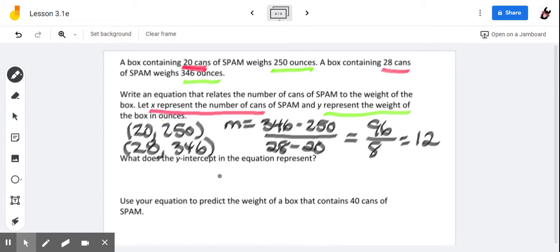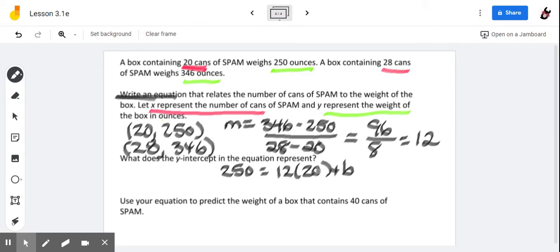And I have to find my y-intercept. So I'm going to write down here in this space where we talk about what the y-intercept means, because we're trying to write the equation here. So I'm going to choose a point. I'm going to use this (20, 250), and I'm going to substitute those values in. So I have 250 equals 12 times 20 plus b.